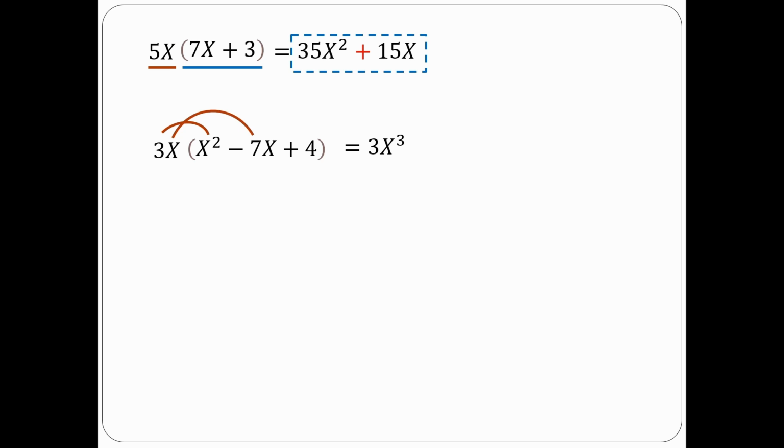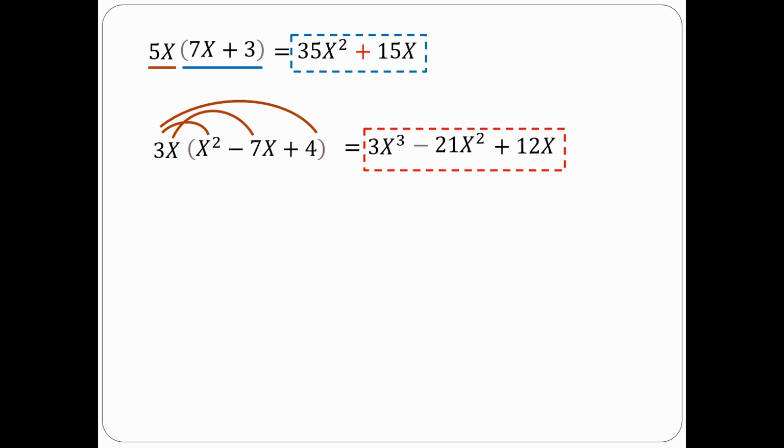Next is 3x times negative 7x, and that is equal to negative 21x squared. And finally, you will multiply 3x times 4, and that is equal to 12x. So our final answer is 3x cubed minus 21x squared plus 12x.